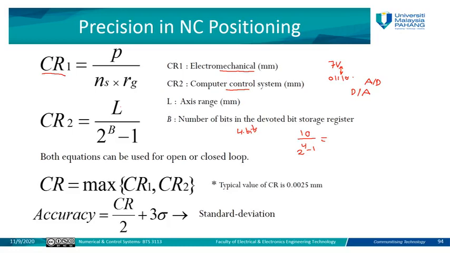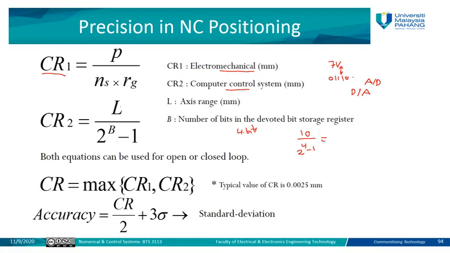So L in this case will be the axis range, measured in millimeter. In the case of the analog to digital converter, this represents the voltage and it will be measured in volt.